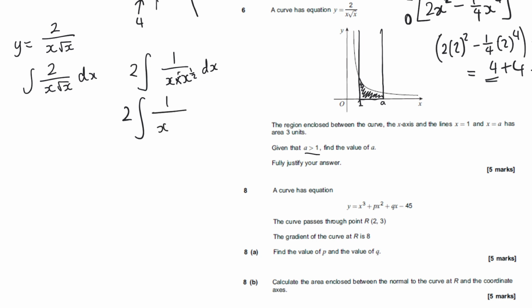So I'm going to write it as 1 over x to the 3 over 2 dx, and again, if you have 1 over something, you can change that into a negative index. So now I have this, I can integrate this. Add 1 to the power, so that'll be x to the minus half, and then that'll be divided by minus half.